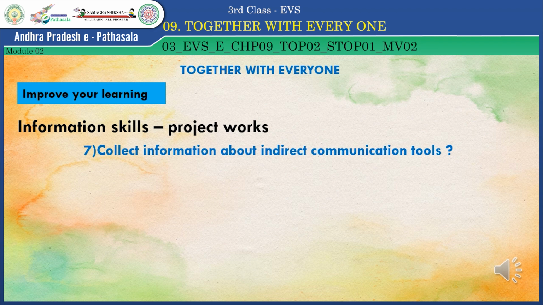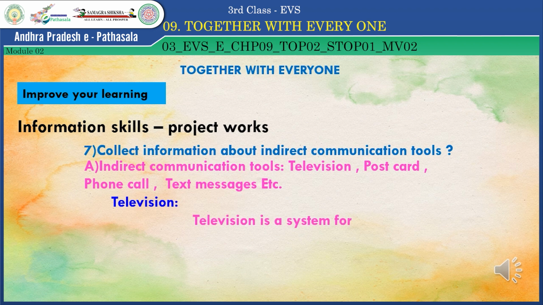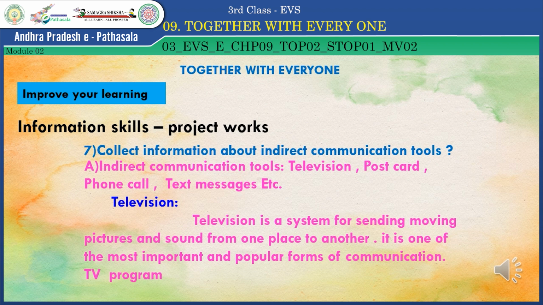Indirect communication tools: television, postcard, phone call, text messages, etc. Television is a system for sending moving pictures and sound from one place to another. It is one of the most important and popular forms of communication. TV programs provide news, information, and entertainment to people all over the world.